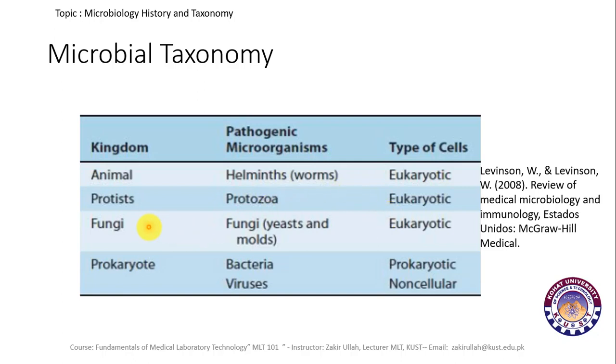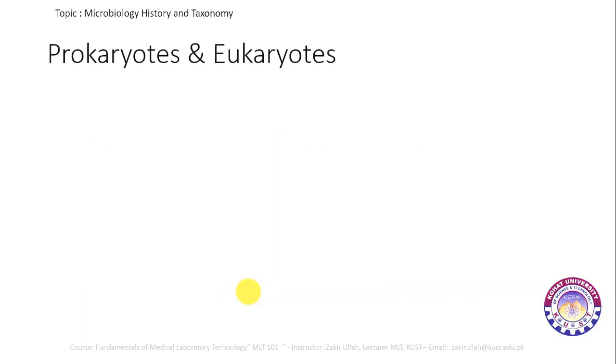Then kingdom fungi, in which the yeasts or molds cause disease in humans, and their cell type is also eukaryotic. The prokaryotes are divided into bacteria and viruses, in which the bacterium is a prokaryote and the virus is a non-cellular microbe. So this is the classification of the pathogenic microorganisms and their types of cells.